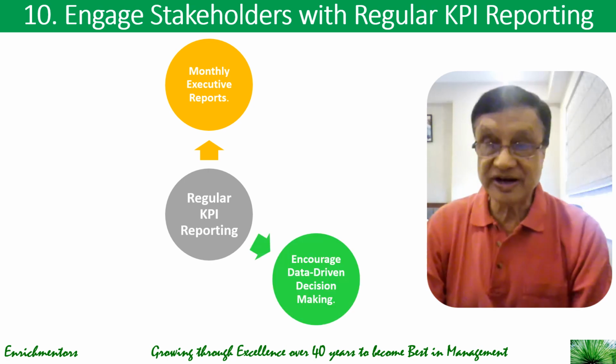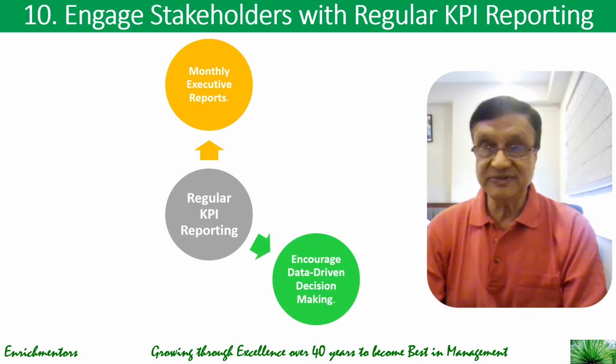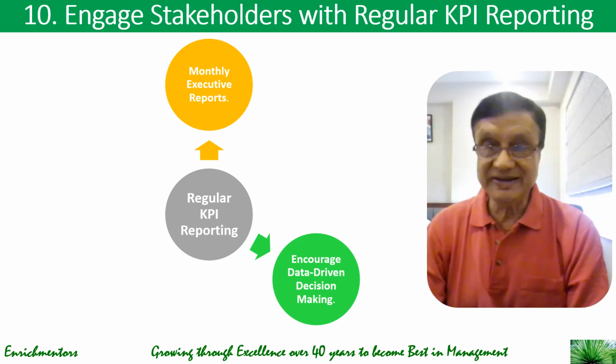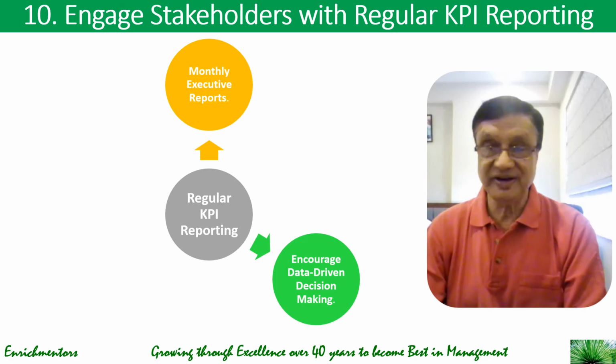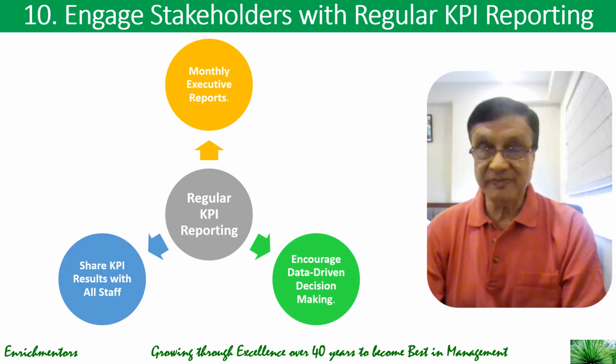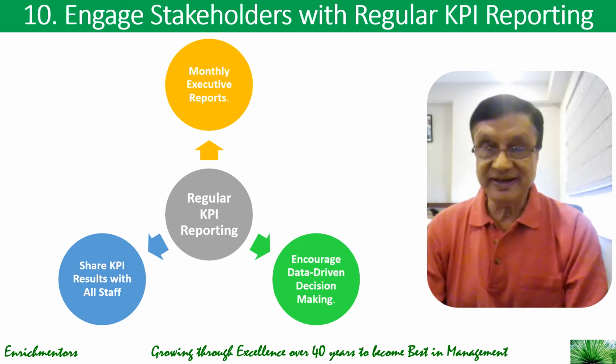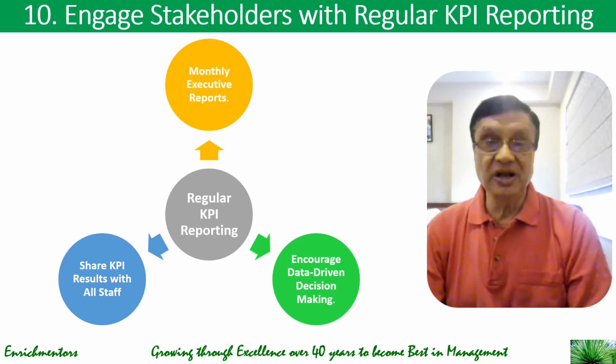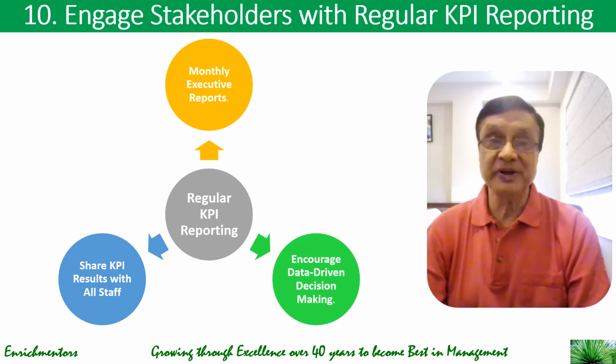Use KPIs to drive strategic decisions in RCM, such as investing in additional automation, reallocating resources to high-impact areas, or adjusting policies that affect claim processing. And lastly, make KPI performance visible to all RCM staff, fostering a sense of ownership and accountability for revenue cycle outcomes. So, like this, you need to engage stakeholders with regular KPI reporting.